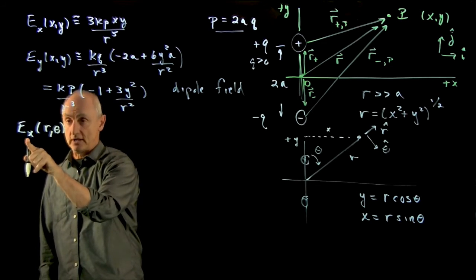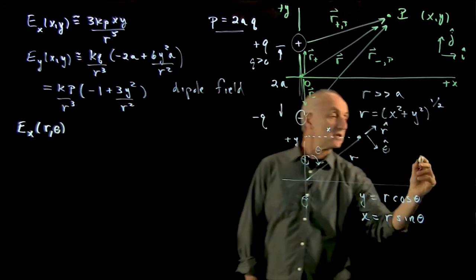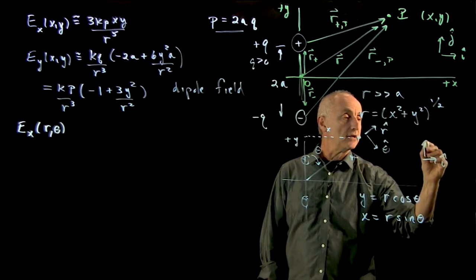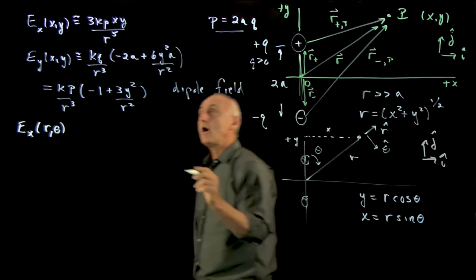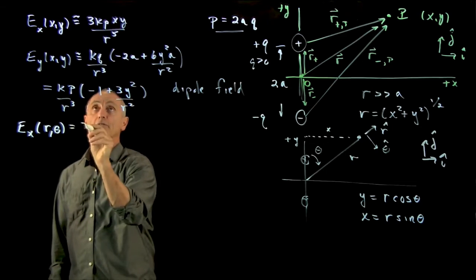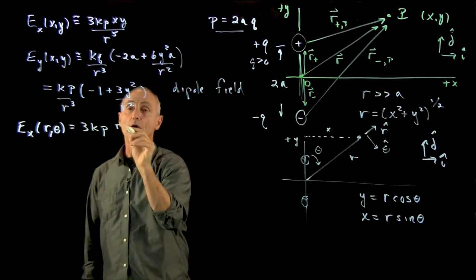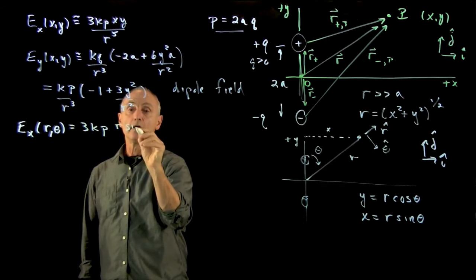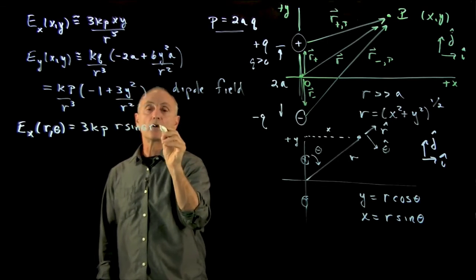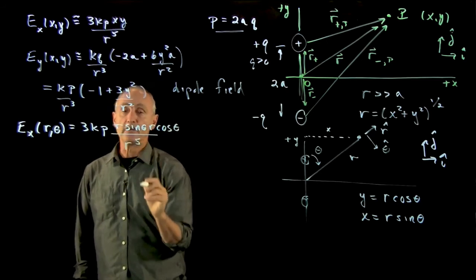Notice, x component, but the variables that we're describing the components with, we still are using i hat and j hat here, are given by r and theta in the plane, and we have 3kp. Now x is r sine theta, and y is r cosine theta, over r to the 5th.